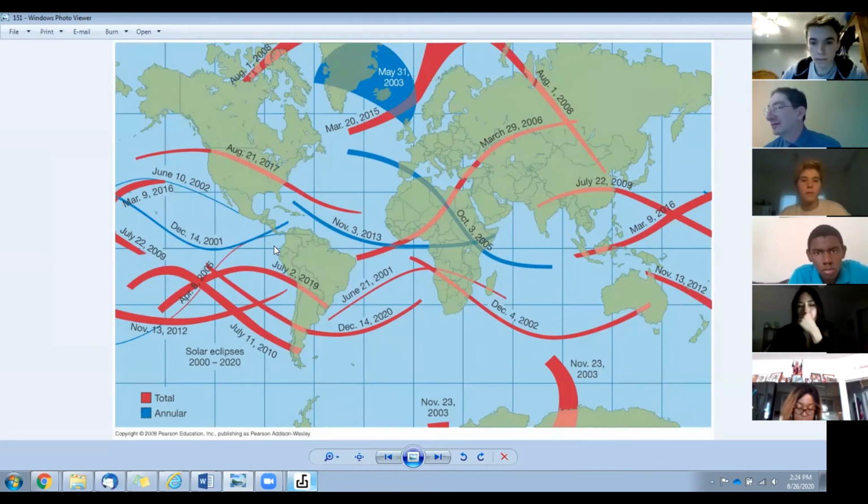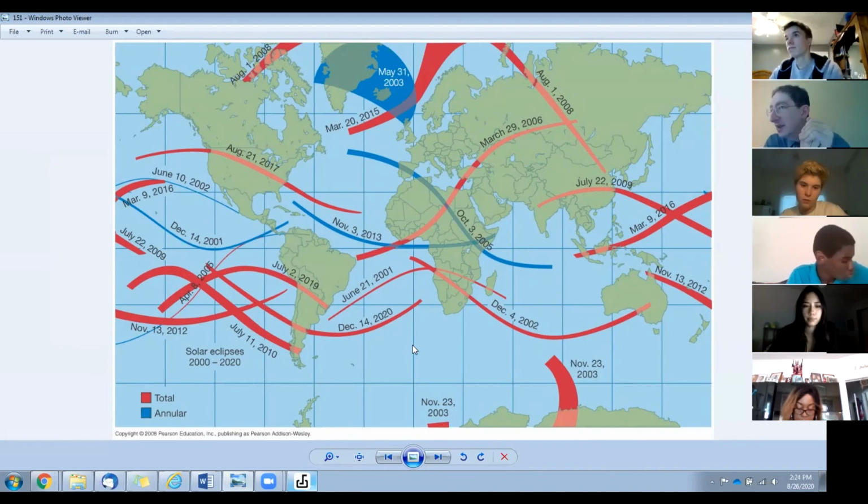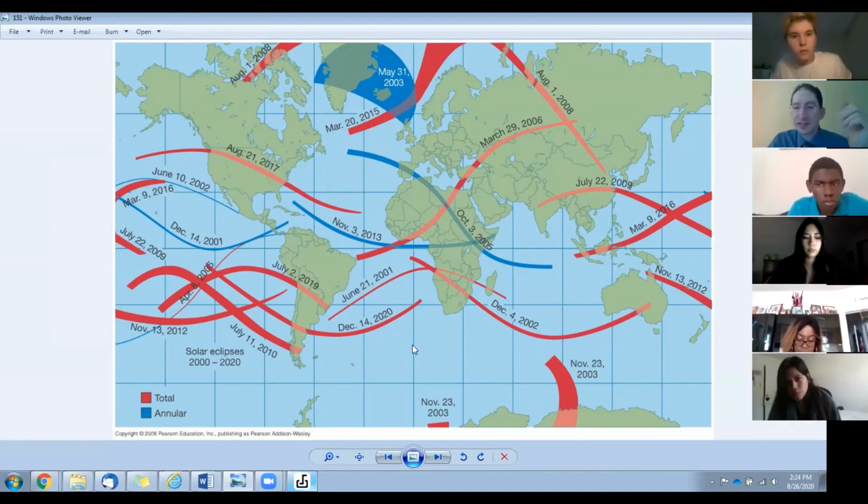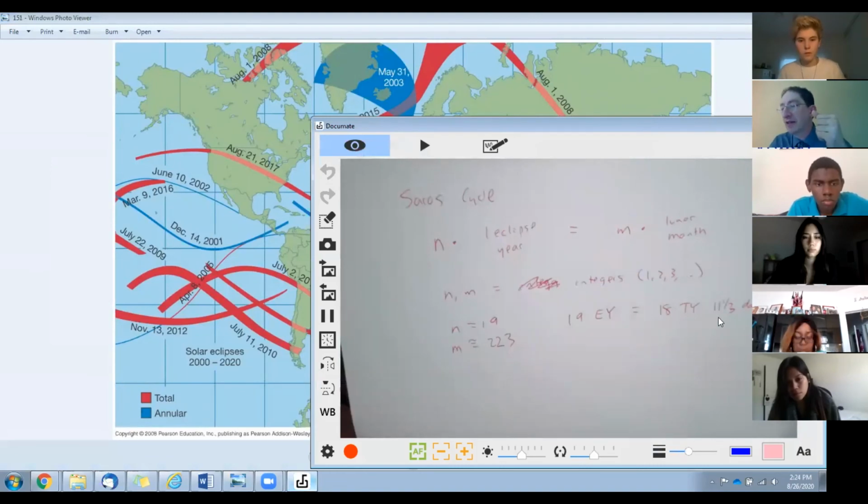Can you go back over the Saros cycle, the 1 versus 3? I kind of missed the geographic location. Yep. So we can see it on this plot here. We know it repeats in time every Saros cycle, which is 19 eclipse years. If you convert that to tropical years, it's 18 calendar years, 11 1/3 days.